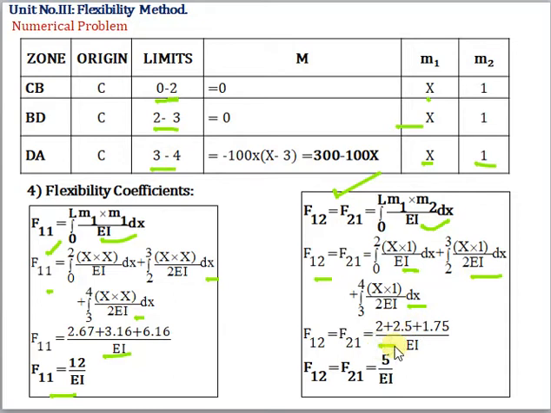By solving this, we have F12 equal to F21 equal to 5 upon EI.